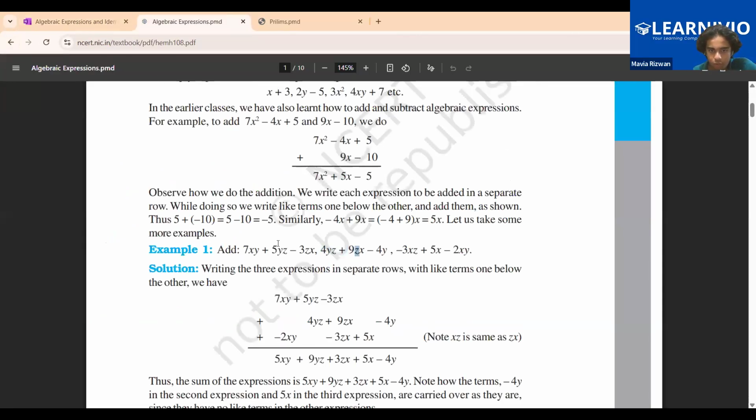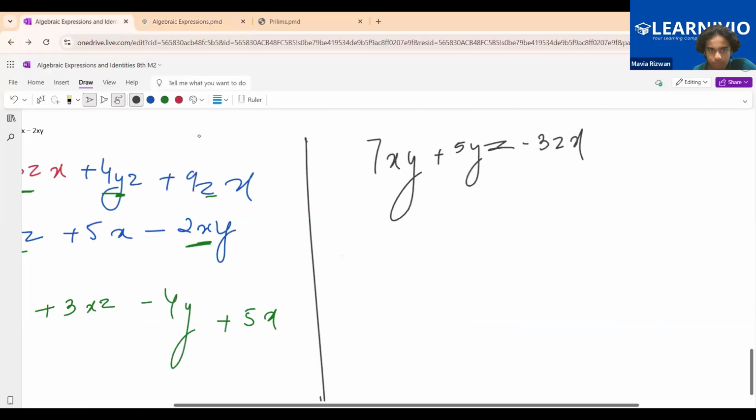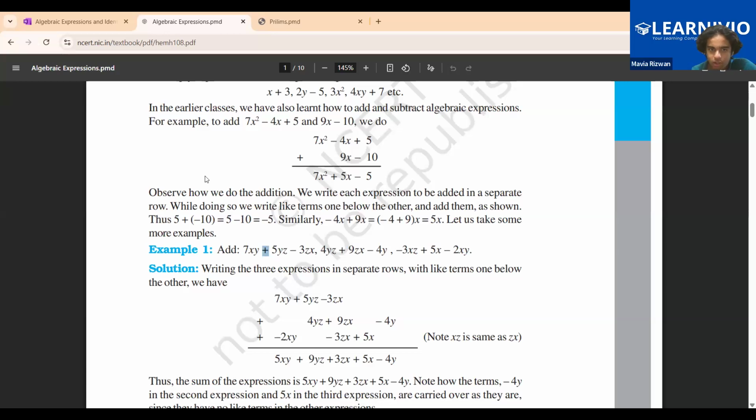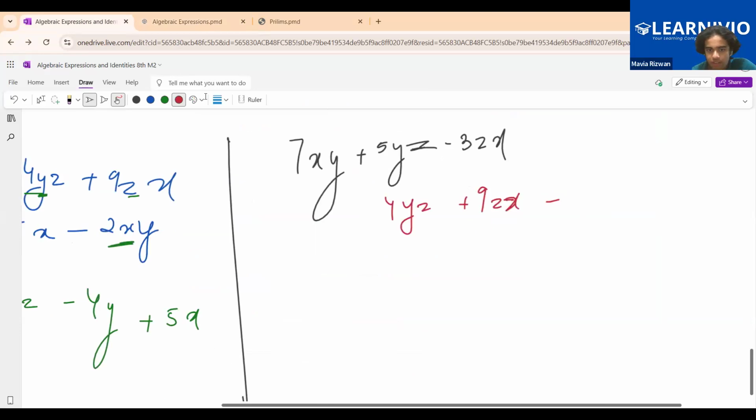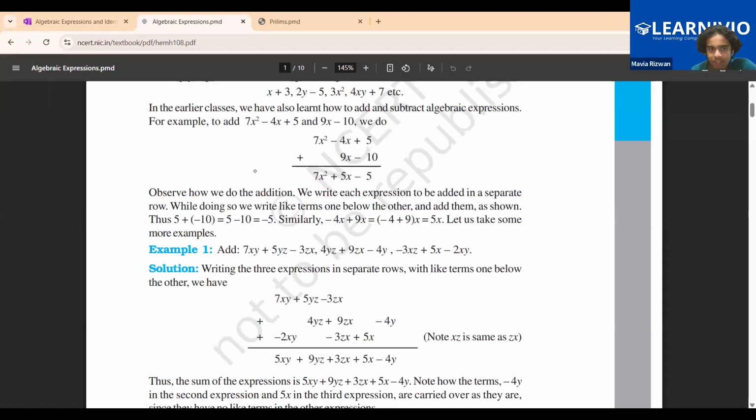Then in the next one, write 4yz plus 9zx minus 4y. So I'm going to write 4yz here. Then 9zx, so the zx term I'm going to write under zx only, plus 9zx. And then I have minus 4y. We don't have a y term here, so I'm going to write minus 4y here like this. And then at last we have minus 3xz.